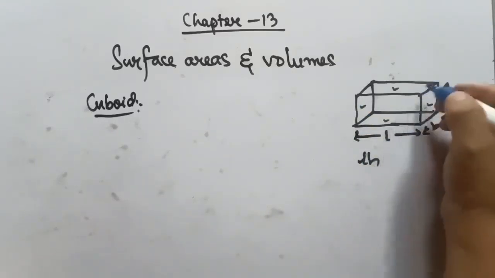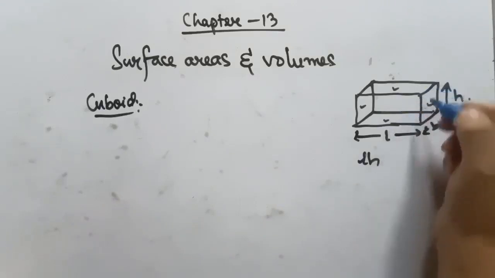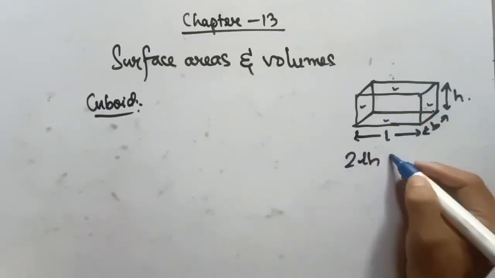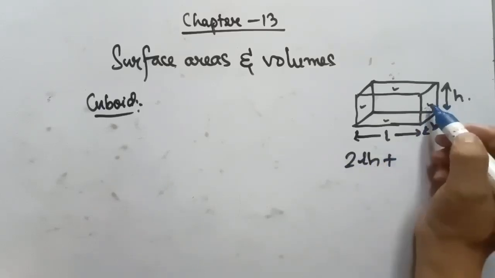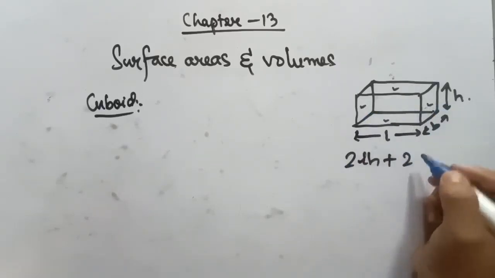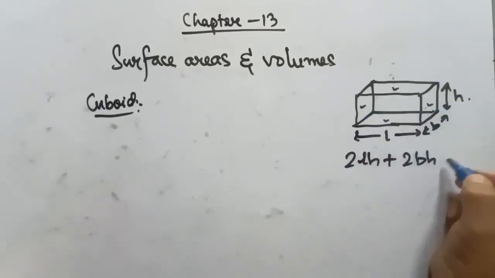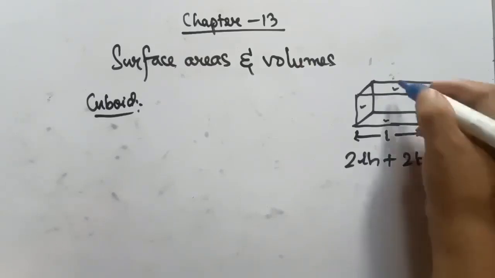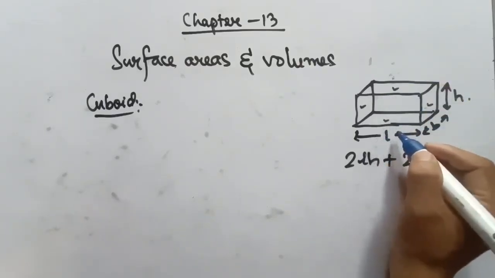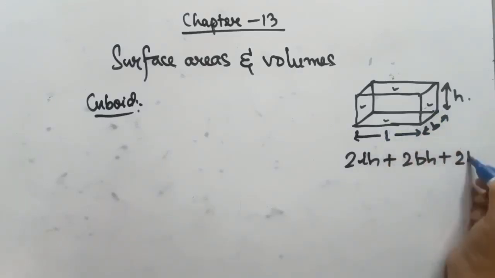So the area of the back and the front face will be 2 times length into height, plus the area of the right face and the left face, which will be 2 times breadth into height, and the area of the top and bottom will be 2 times length into breadth.